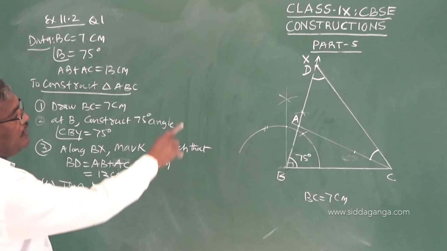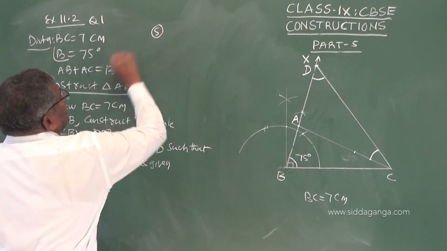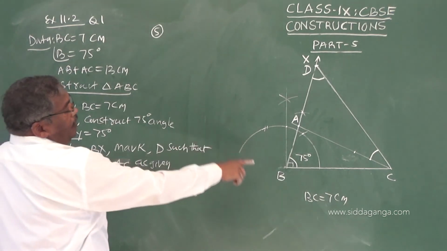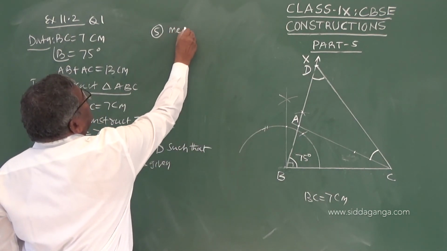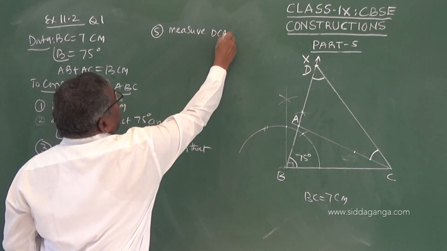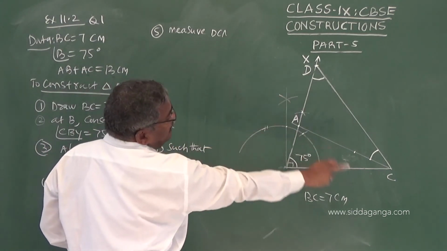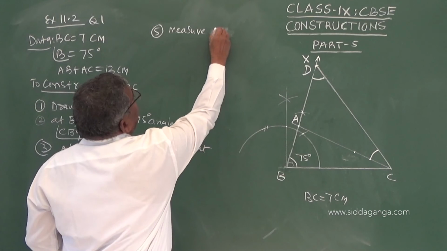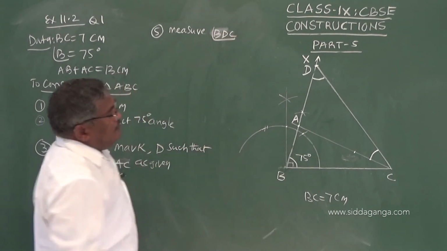So after joining DC, the next important point is fifth, measure angle BDC.